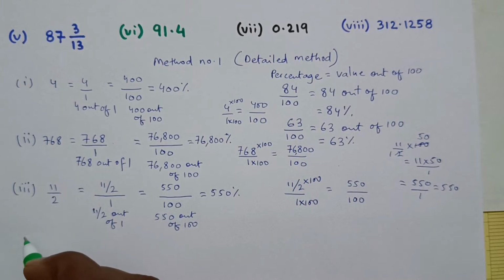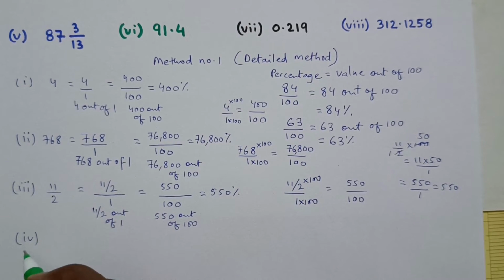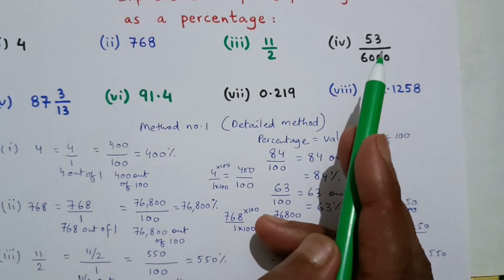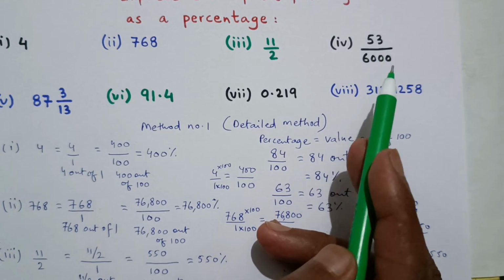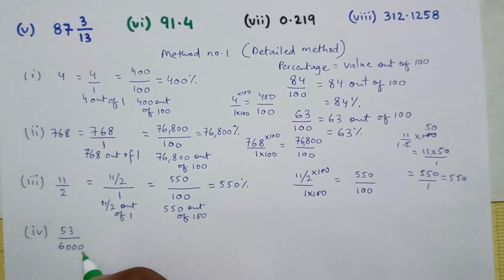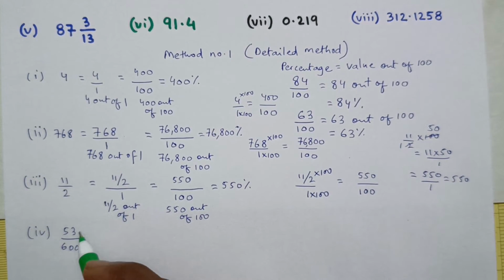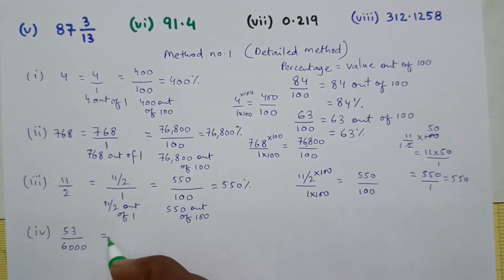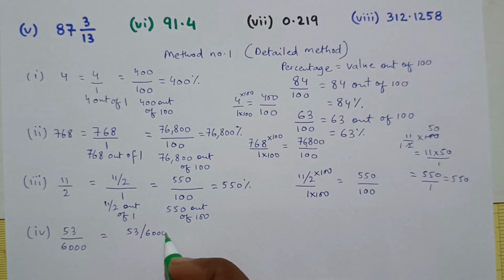Now let us go to question number 4. Question number 4 is 53 by 6000. How much is this in percentage? We have to convert this into a percentage. So 53 by 6000, I can write as 53 by 6000 upon 1.